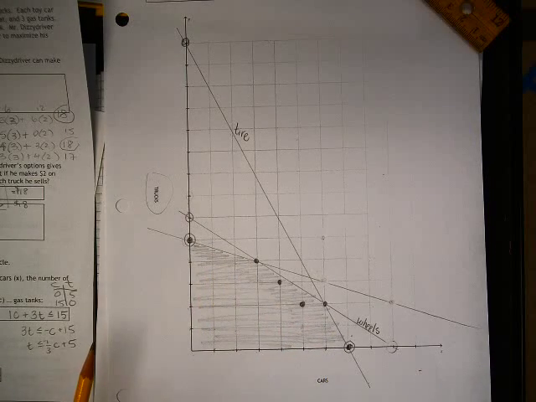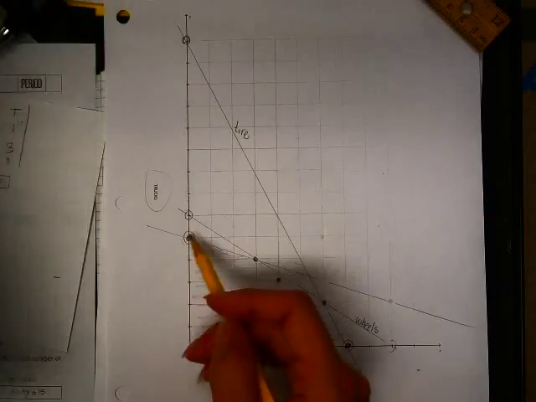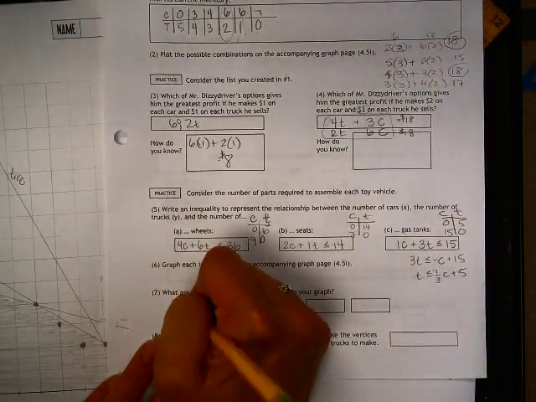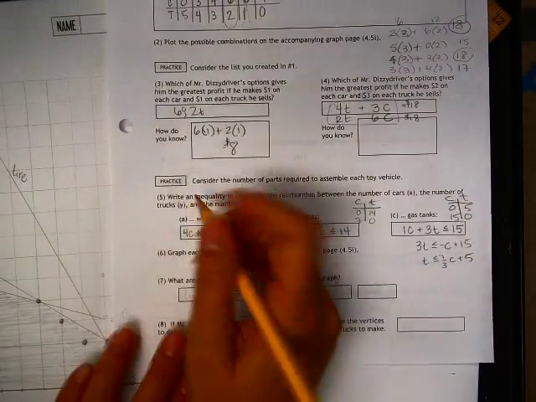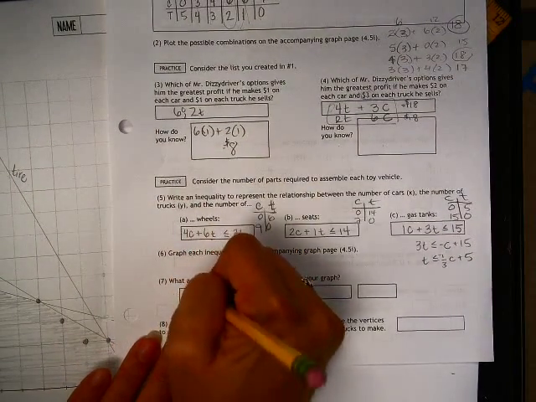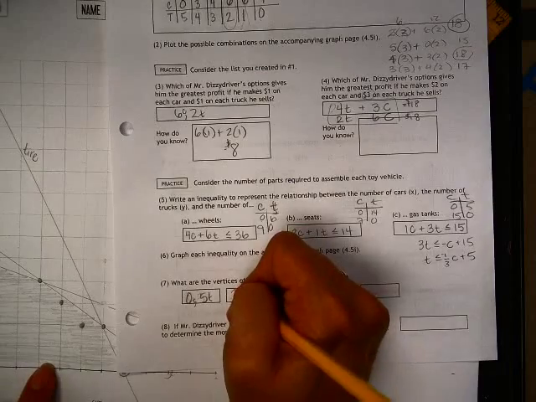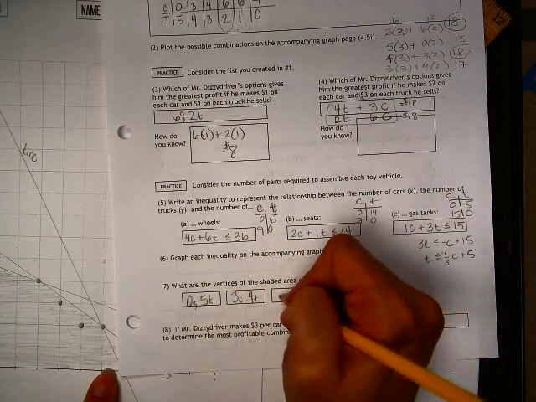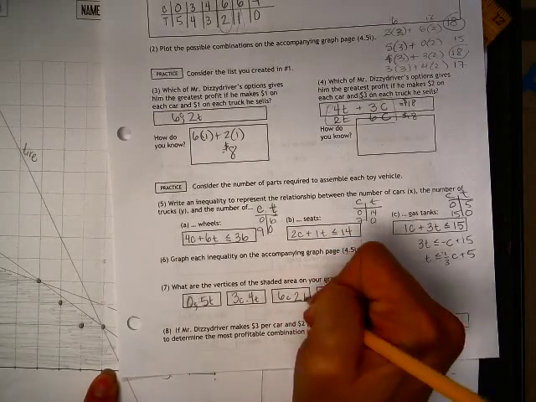but these would have been kind of my little bit more maximums that I have. So the vertices that I have are 0, 5. And actually I'm going to say this is 0 cars and 5 trucks. And then I had 3 cars and 4 trucks. And I had 6 cars and 2 trucks.